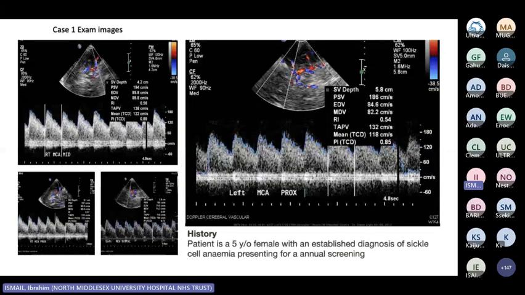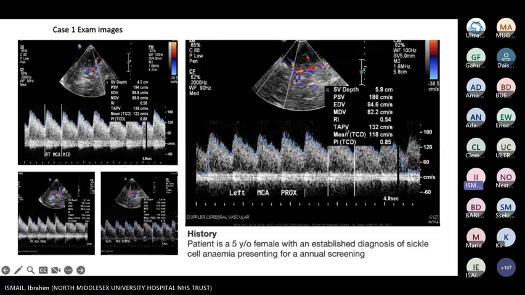As Nesta has keenly seen in the mean TCD here, that's the time average mean velocity, as we said in the presentation before. We're not focused on the peak. As you can see, that's the peak systolic velocity, 194 on the right and 186 on the left. So Clement was initially right, but I think he got a little peer pressure from the 38% that said it was conditional.